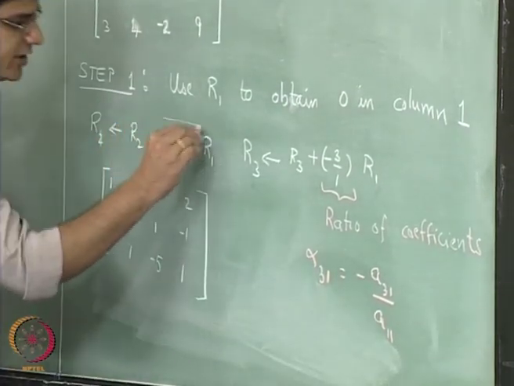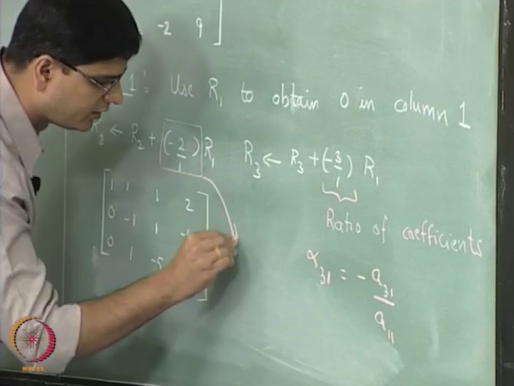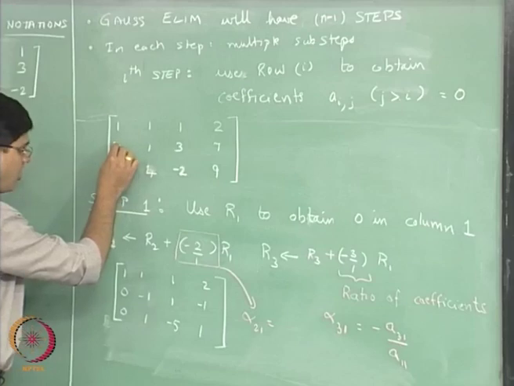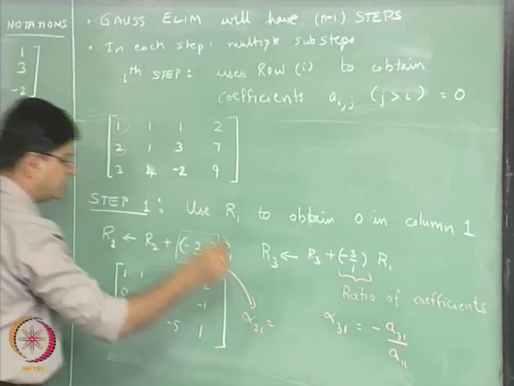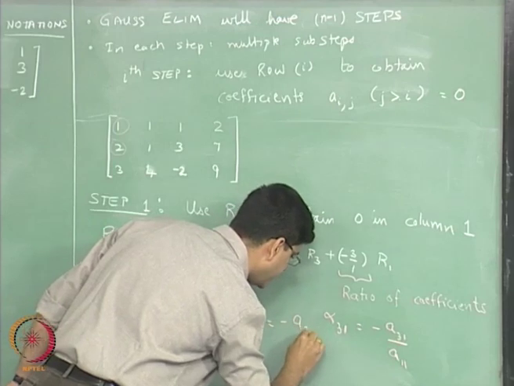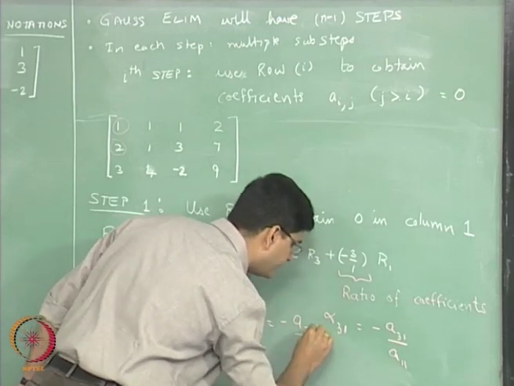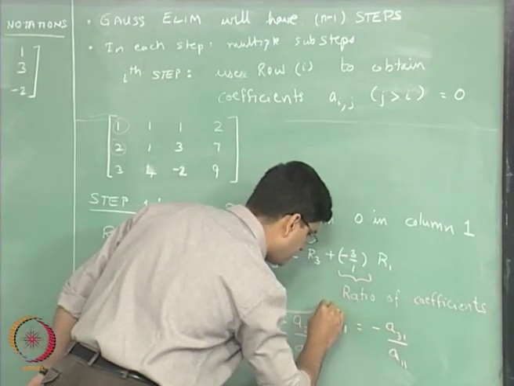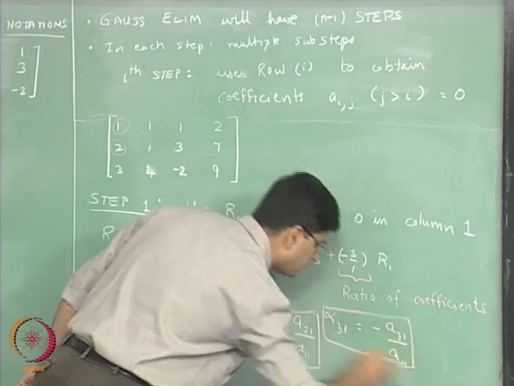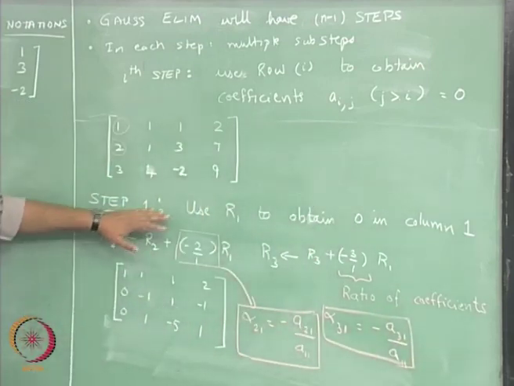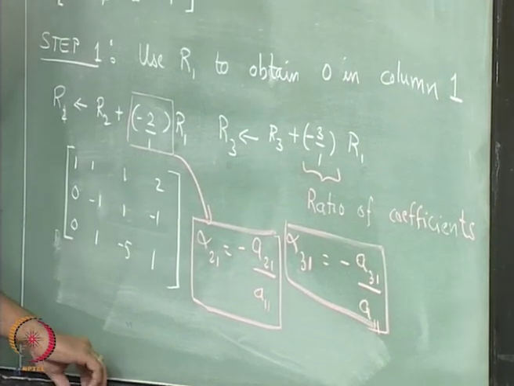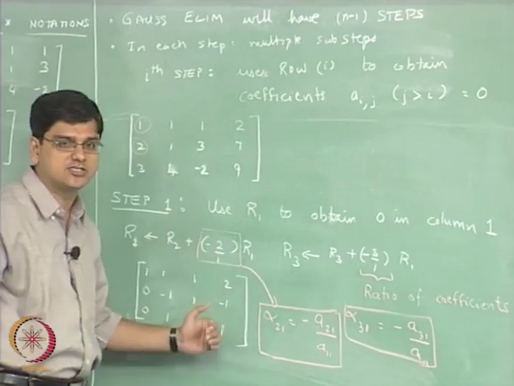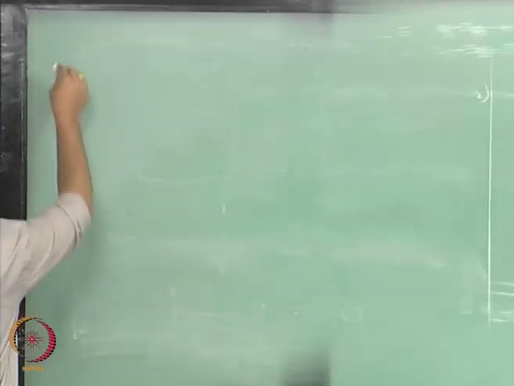Likewise, what we have over here is alpha 2 1, which is going to be negative of 2 divided by 1, which is a 2 1 divided by a 1 1. Okay. So this is what we did as step 1. In step 1 we used row 1 in order to make zeros in the first column below the first row.